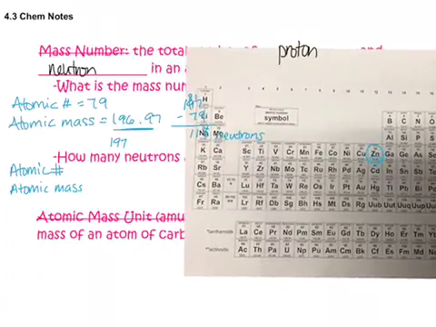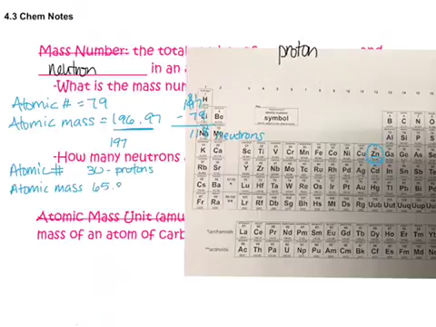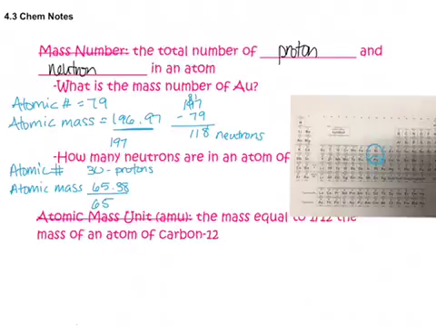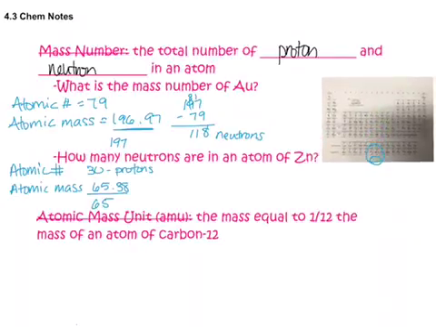Its atomic number is 30, so that tells us how many protons there are. The atomic mass is 65.38, which would round to 65. To figure out the number of neutrons, we take 65 minus the 30 protons, and we get 35 neutrons.